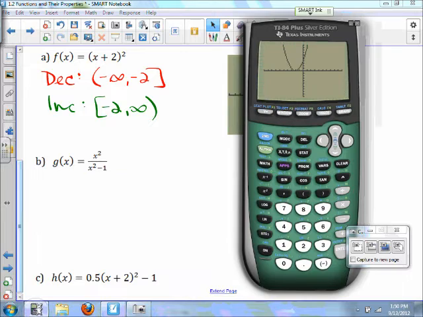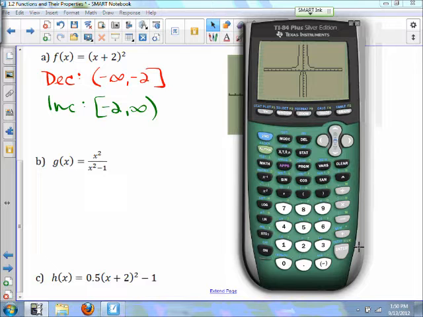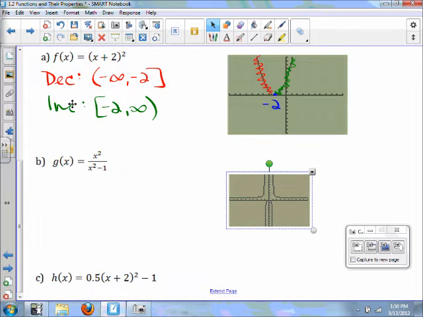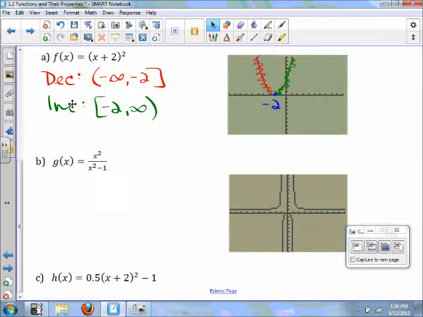Now, if you look at B, it looks a little bit different. Easy way to do this. Again, we could trace, but let's find where it can't be.